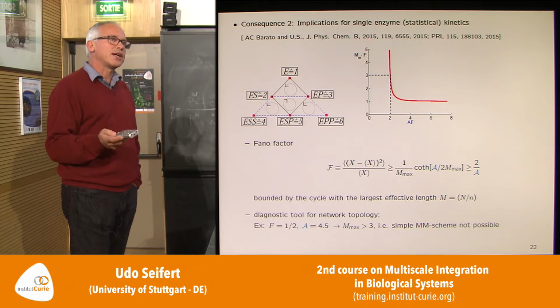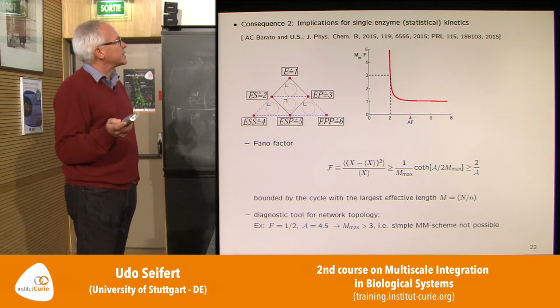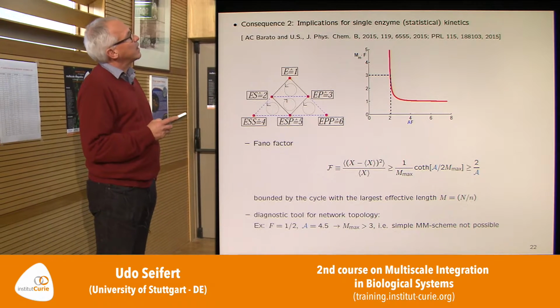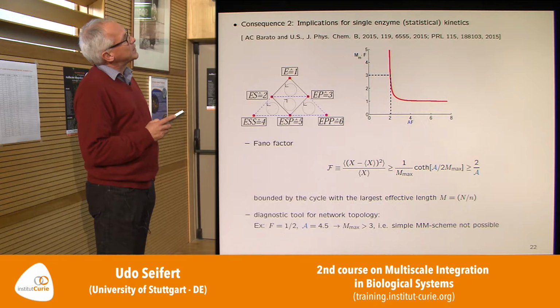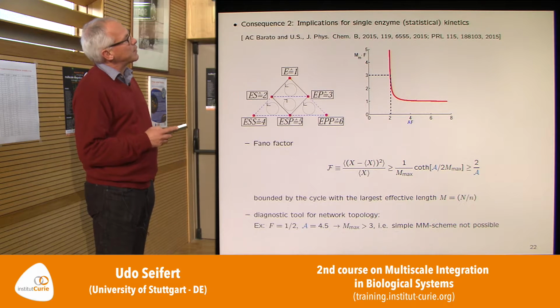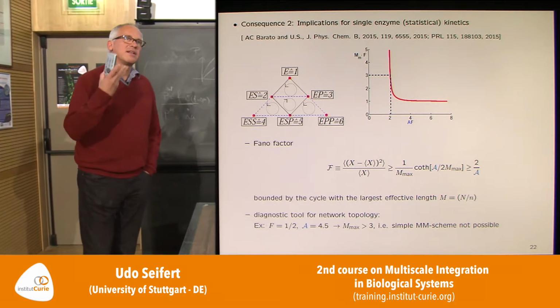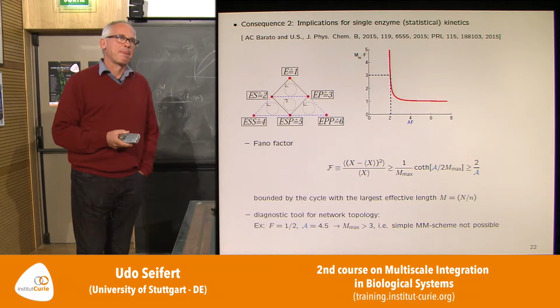You measure the Fano factor, you know the A, i.e. the delta mu. If you have this curve, there is one region which is forbidden, and on the basis of such a statement, you can exclude certain network topologies.